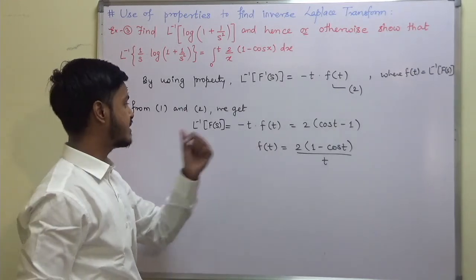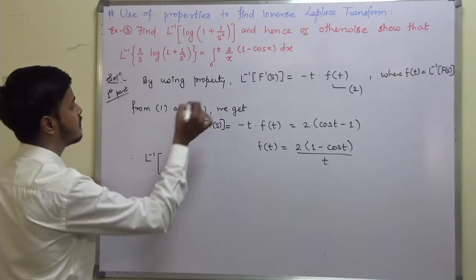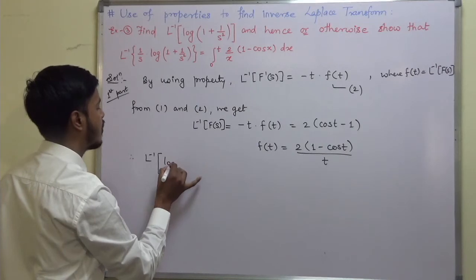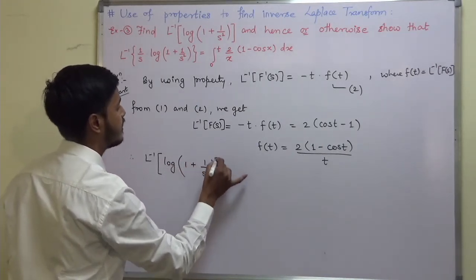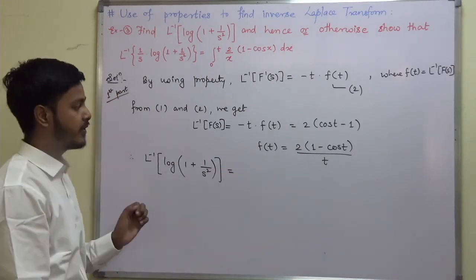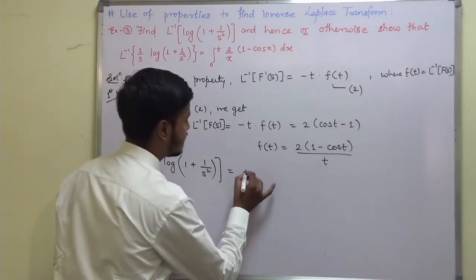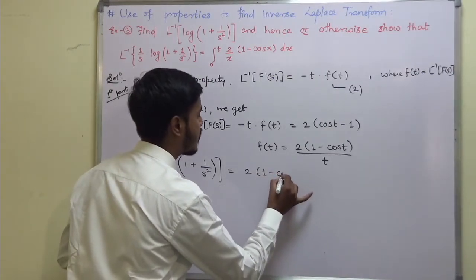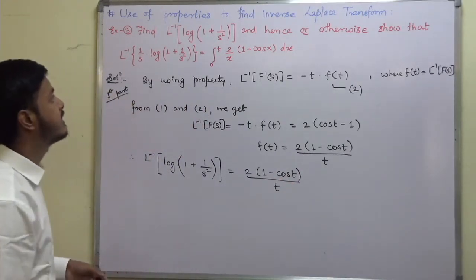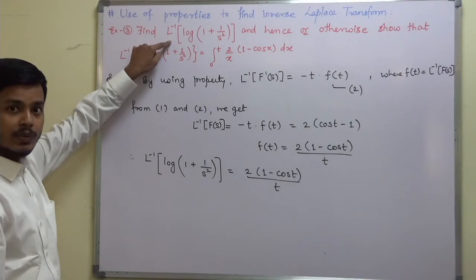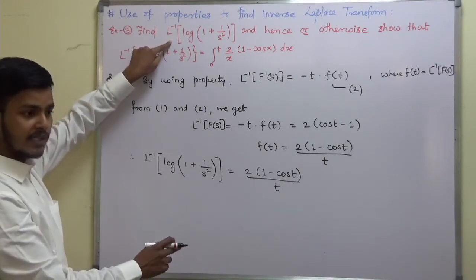Therefore L inverse of F of s, which is log of 1 plus 1 by s square, is equal to f of t, which is 2 into (1 minus cos t) by t. Simple. And this proves the first part, which is what we had to find out.